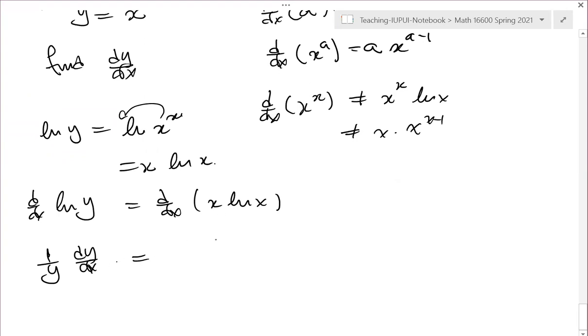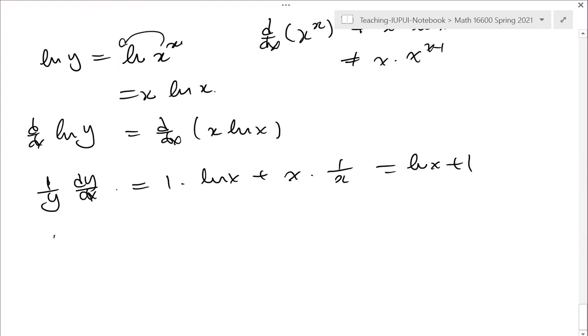The right-hand side, you apply the product rule. So it's 1 times natural log x plus x times 1 over x, and that is 1. So it's natural log x plus 1. We're almost done, very quick. It's y times natural log x plus 1. So what is y? y is just x to the x.